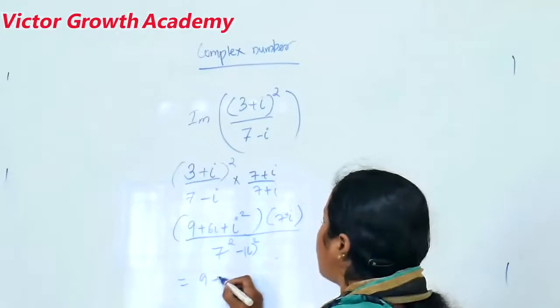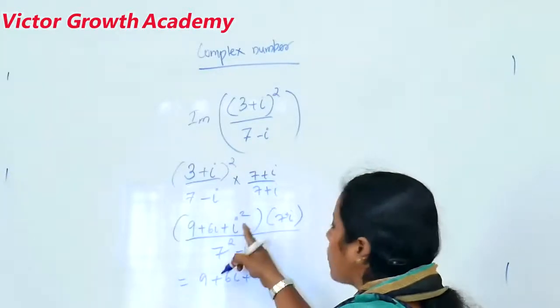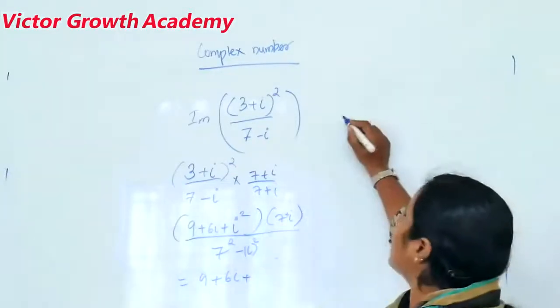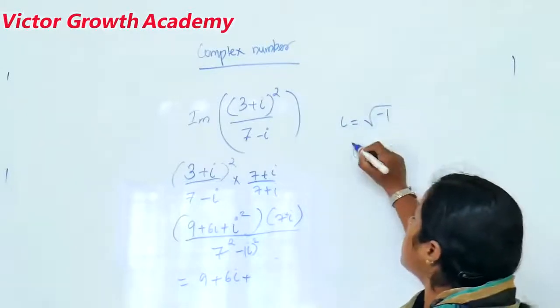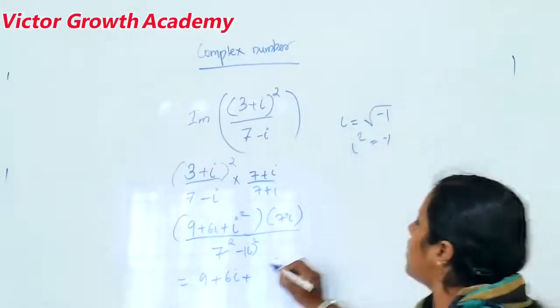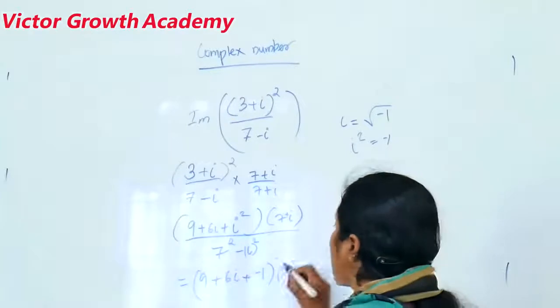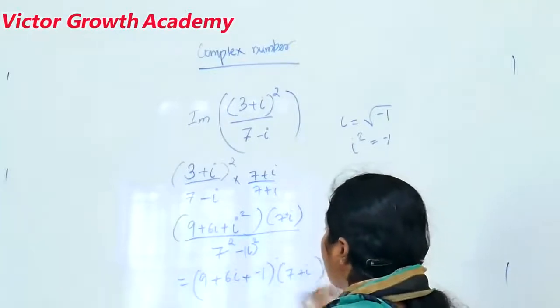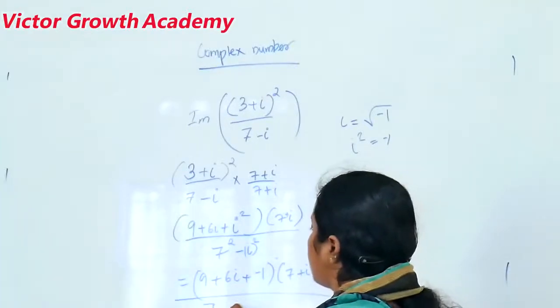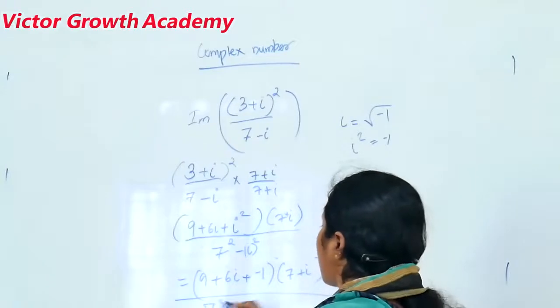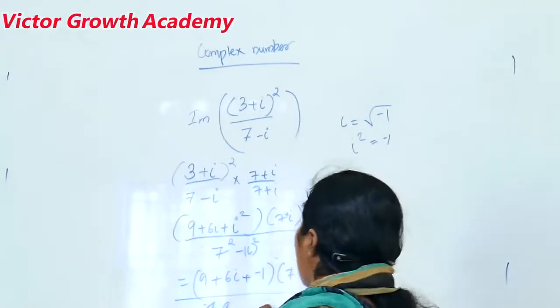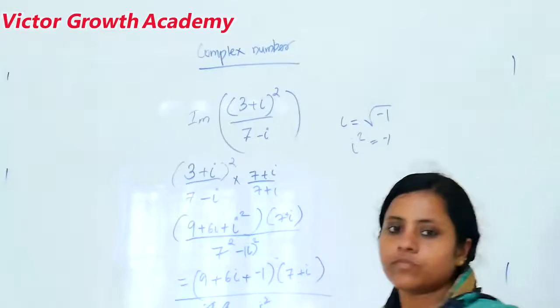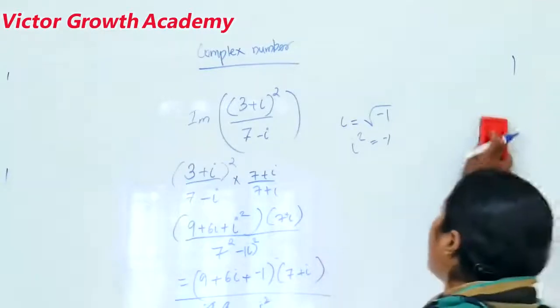So 9 plus 6i, what is i square? i is root of minus 1, so i square is minus 1. So minus 1, then 7 plus i divided by 49 minus i square. Okay, remaining I am writing here.